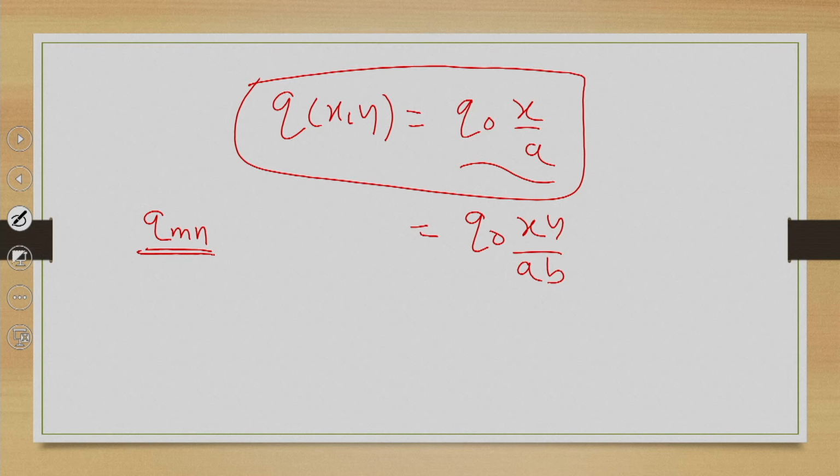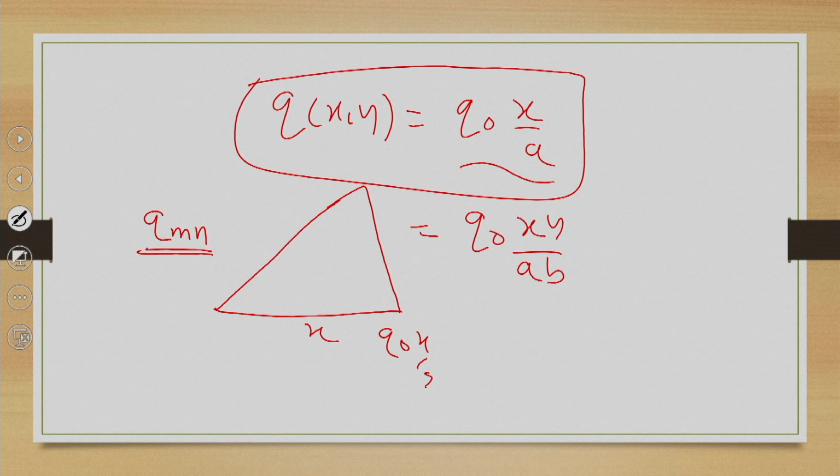Even evaluating this Q_mn is important, or I would like to say that sometimes making a function is a challenging task. If you see in a book how to represent a triangular loading increasing along the x axis, sometimes we call it a hydrostatic loading, q naught x by a, this is there.